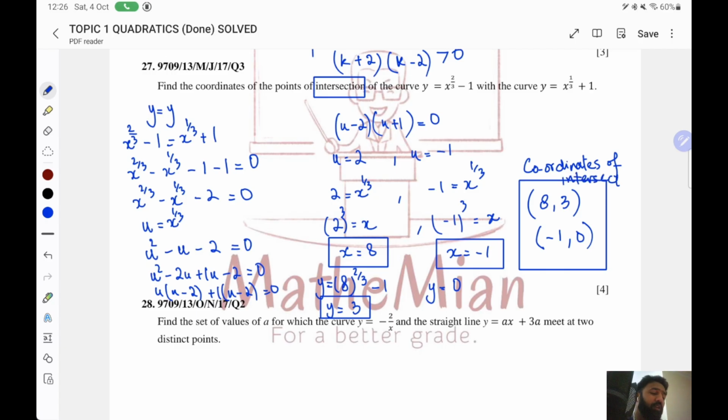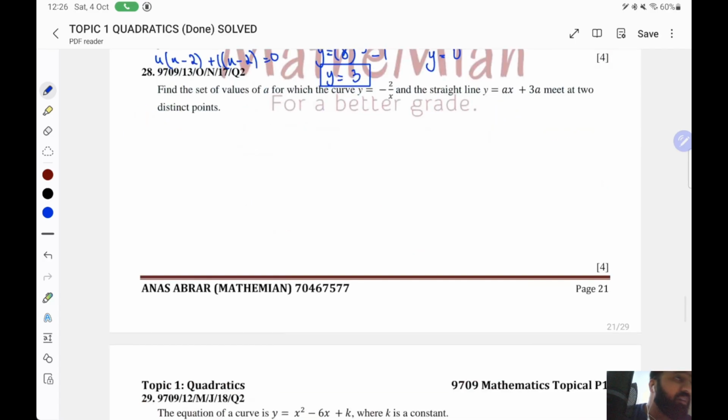Okay, let's move forward to the next question, question 28, from October-November 2017, question number 2, paper 1-3. It says to find the set of values of a for which the curve and the straight line meet. There is another keyword here, which is meet.